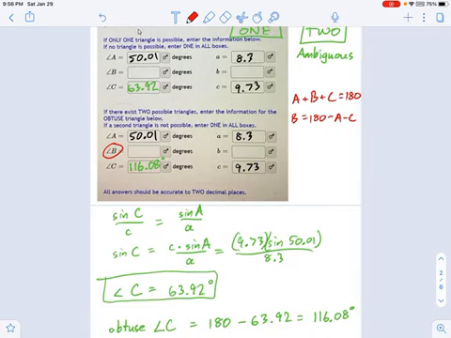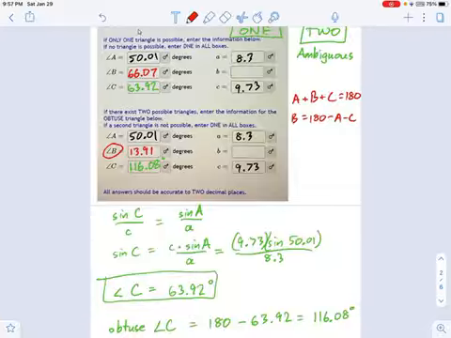So in the top, in the first case where C is acute, I get 66.07 degrees. In the bottom, where angle C is obtuse, there's much less angle left to work with here. I only have 13.91 degrees to fill out that 180.